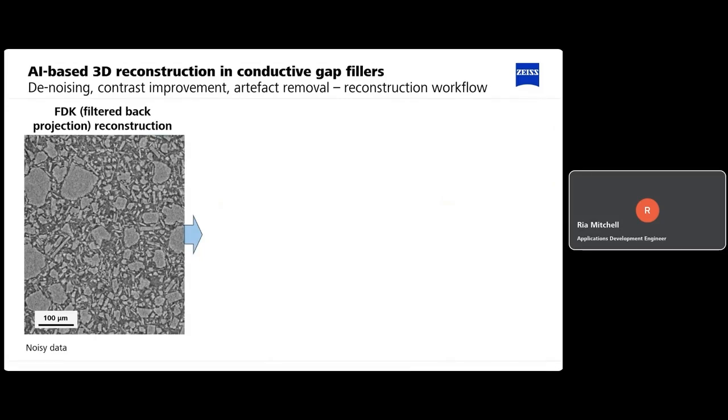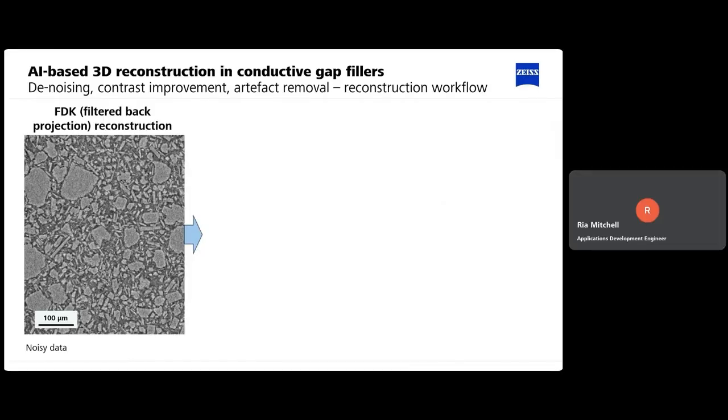This is an example of a filtered back projection reconstruction, often called FDK, which is the bog standard method that people use to reconstruct their 3D data sets. You can obviously see, hopefully, that it's quite noisy. Maybe we wouldn't be satisfied with this data set. We could probably get some segmentations of those particles out, but we'd ideally like the data to be a little bit better.